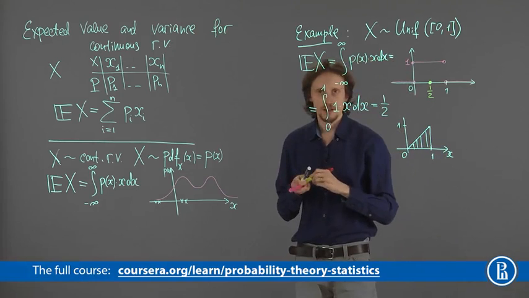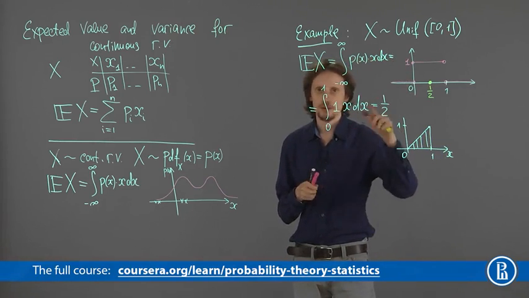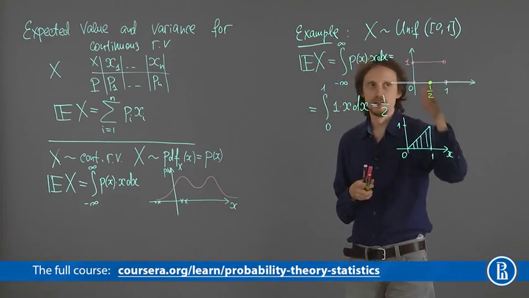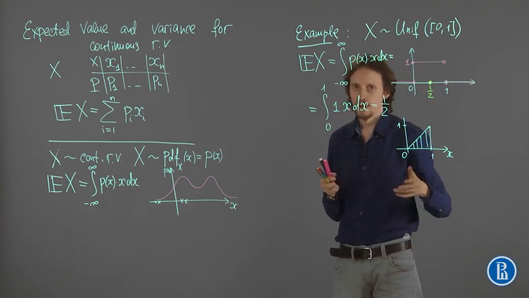Actually, we can use the idea that we discussed before. If probability density function is symmetric, then the axis of symmetry has to be equal to expected value if it exists.